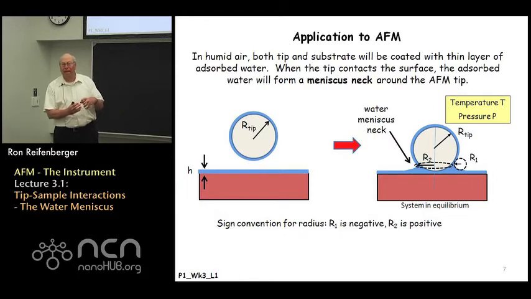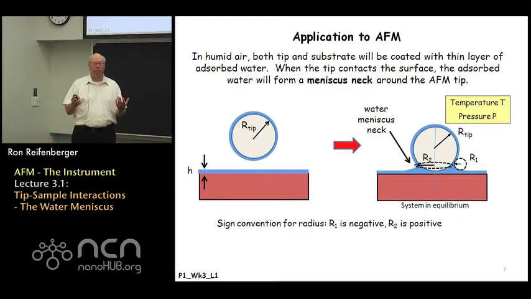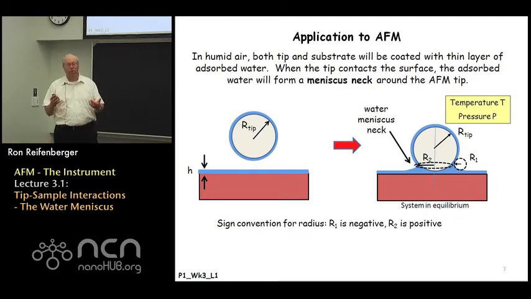When the tip comes into contact with the surface, a water meniscus neck forms. This water meniscus neck is characterized by two radii of curvature, as I show in this particular diagram. And under equilibrium conditions, these radii of curvature R1 and R2 have to be determined by the Kelvin equation, which relates the relative humidity of the air to the two radii of curvature R1 and R2.